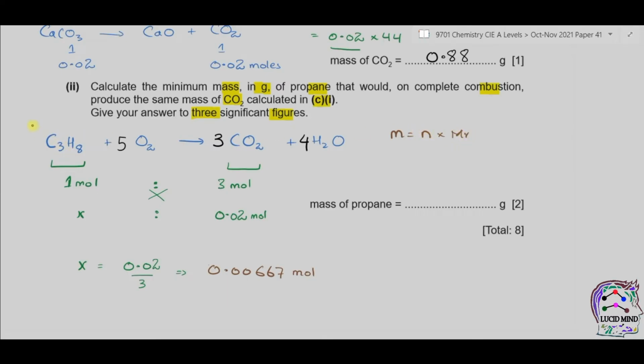For propane we have 3 carbon atoms, so 12 into 3 becomes 36, plus we have 8 hydrogen atoms, so it is equal to 44. Putting values, we have number of moles 0.00667. Molecular mass is 44 for propane. So mass in grams comes equal to 0.293 grams, and there are 3 significant figures present in this answer.